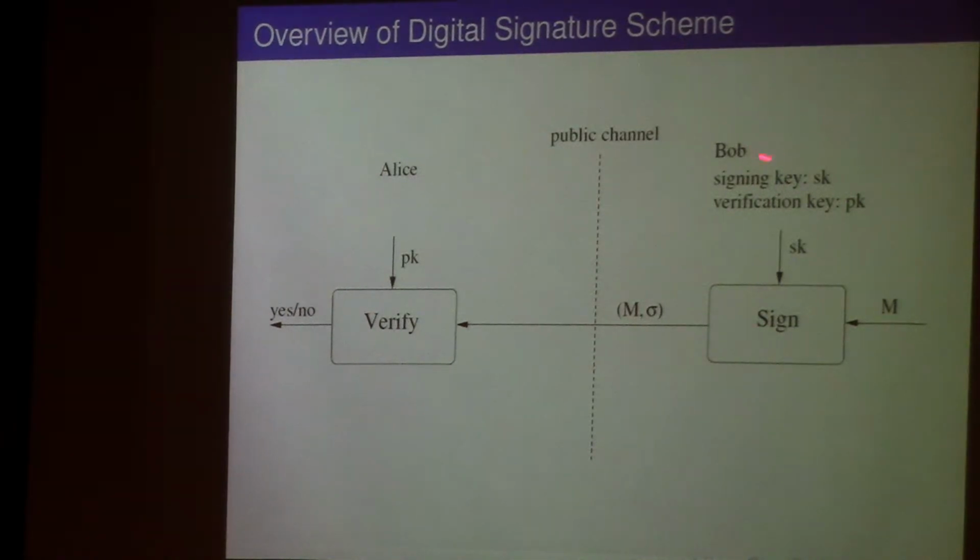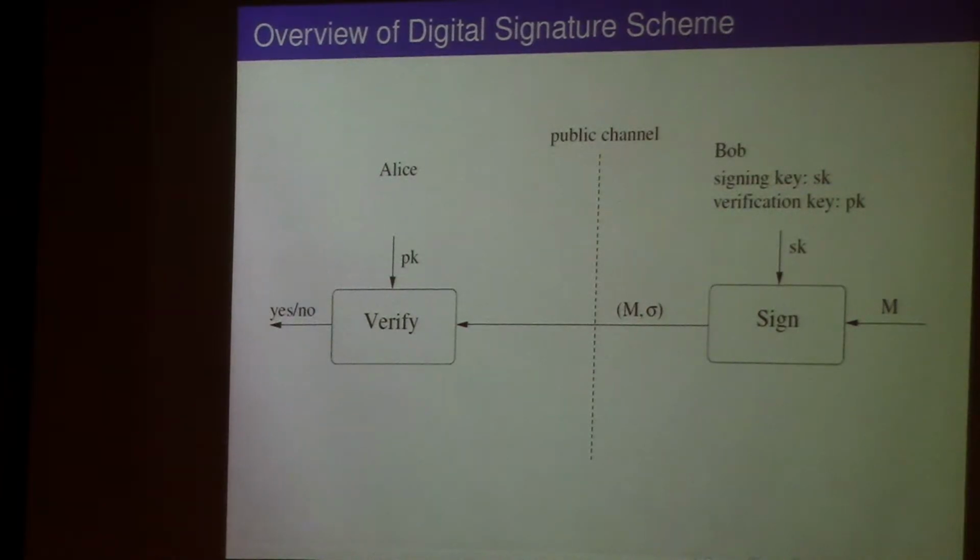So, for example, Bob tells a bank to pay some amount of money to Alice, typically a check. You are not really bothered about the confidentiality of the check, though that could be an additional concern, but that's not the basic concern when you sign a check. When you sign a check, what you really want is to be able to say that Bob has signed the check telling the bank to pay a certain amount of money to Alice.